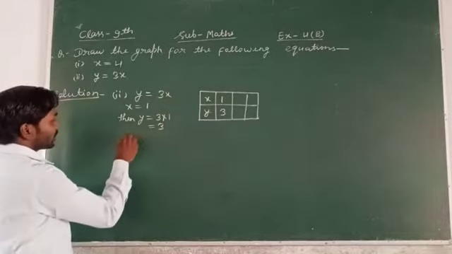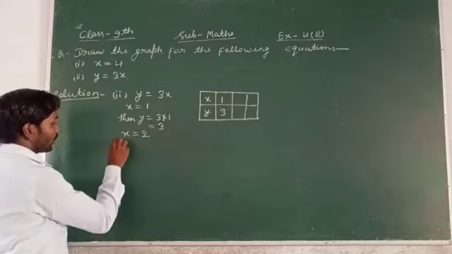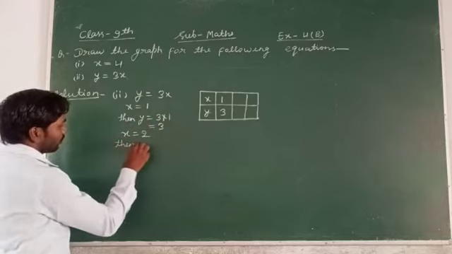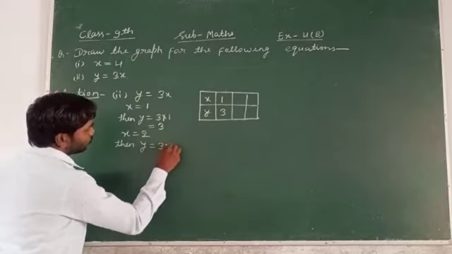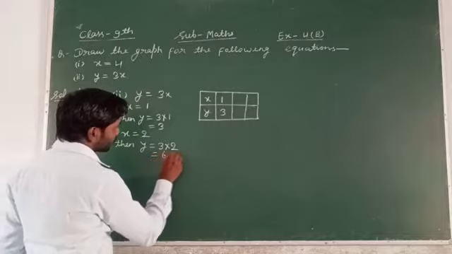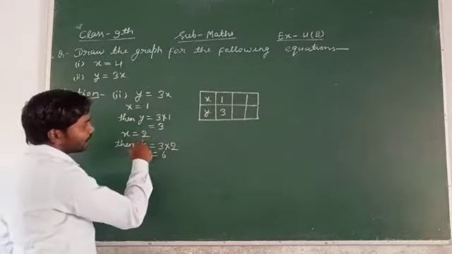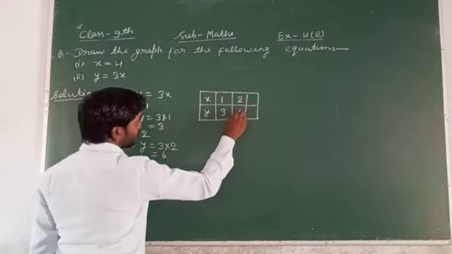Let the value of x be 2. If x is equal to 2, then y is equal to 3 into 2. So it will be 6. So if the value of x is 2, we get the value of y is equal to 6.